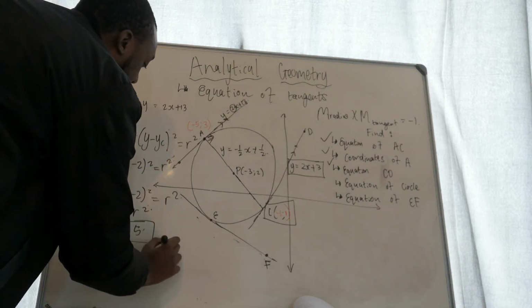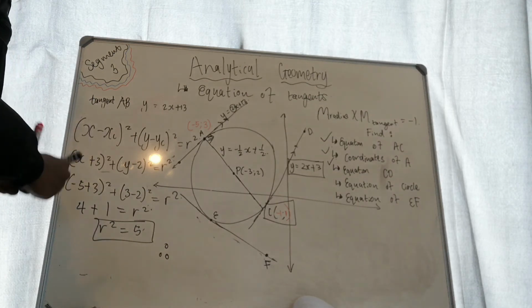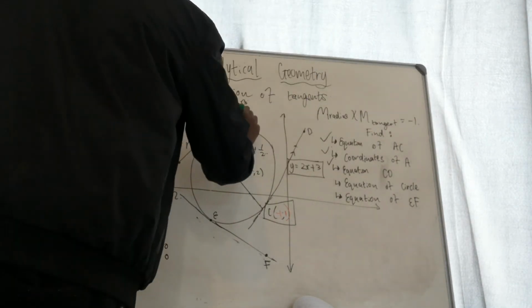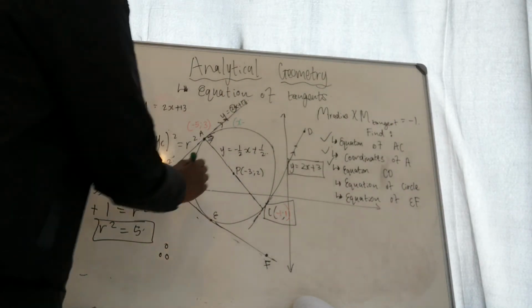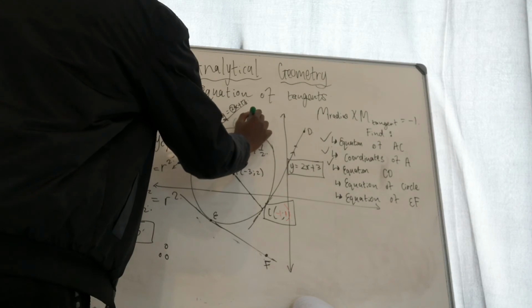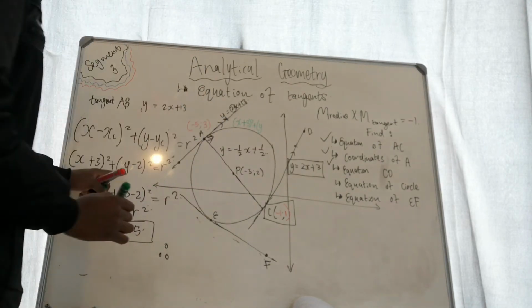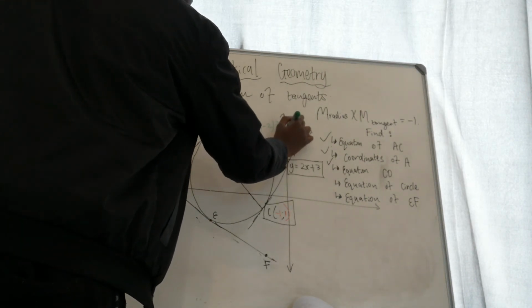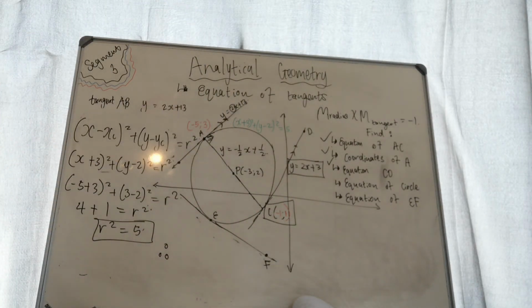And so therefore, the equation of this guy, let me put him in green because he's very important, is x plus the 3 squared, y minus the 2 squared all equal to 5. So that's the equation of the circle.